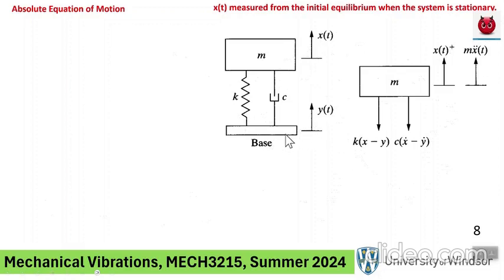The base is moving too. Not only is x moving, the mass is moving, but the base is moving. So the stretching or the compression of the spring is actually x minus y. And for the damper, it is the relative velocity, which is x dot minus y dot.